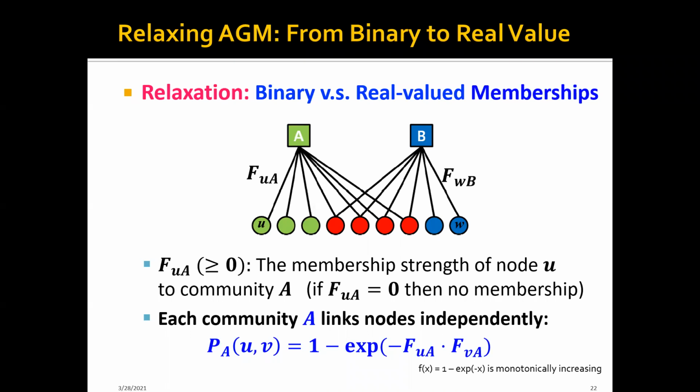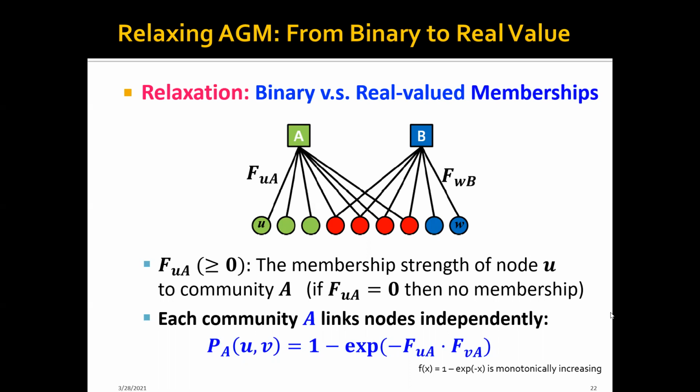Let's say that F_uA, which is always larger than or equal to 0, is the membership strength of node u to community A. So this is a real number that's always larger than or equal to 0, and if F_uA equals 0, then there is no membership.